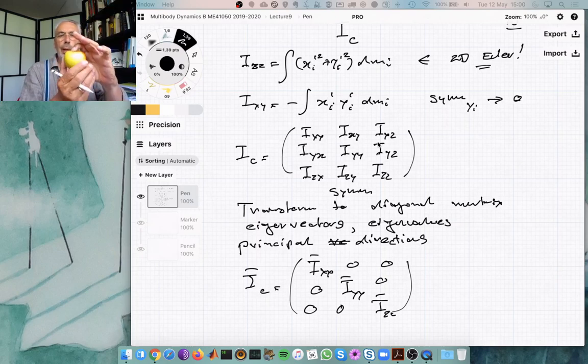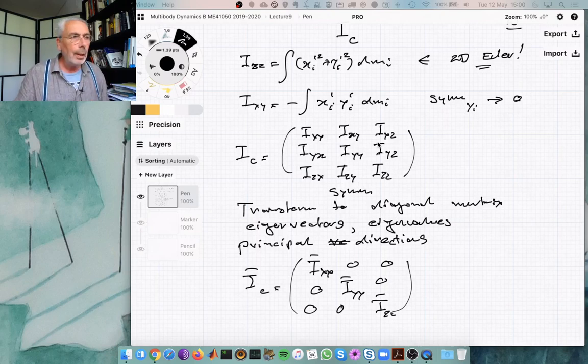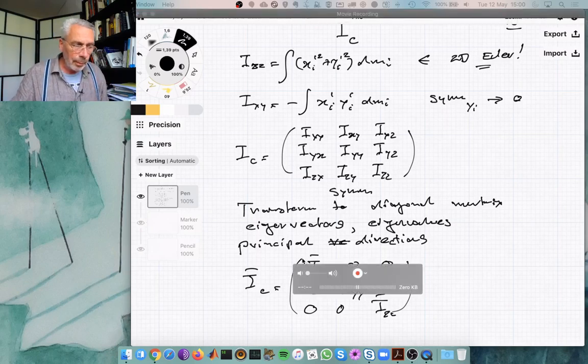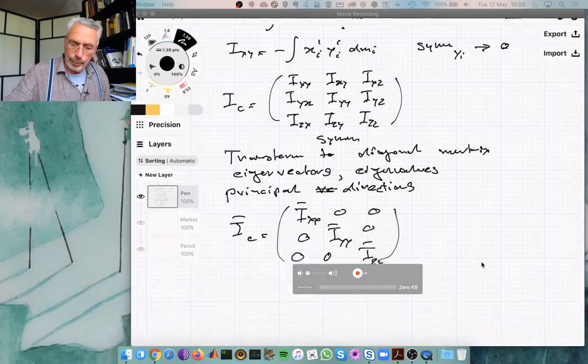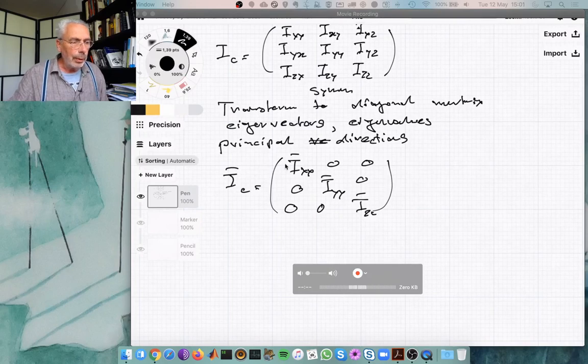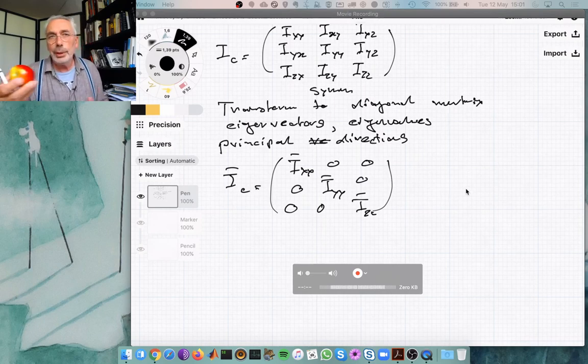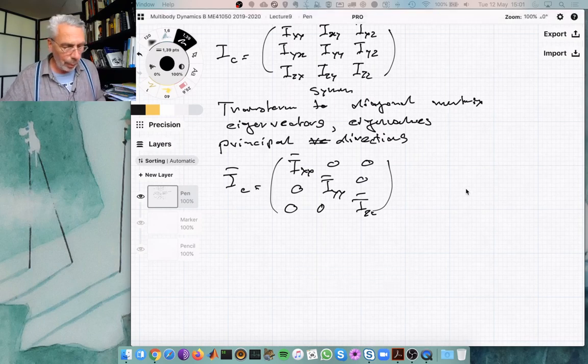So if the apple is really nice and round, even two of the principal values in this plane should also be the same. So in the end, this matrix will only have one value, and these two are then identical. So with reasoning you can already find a lot of things about it.